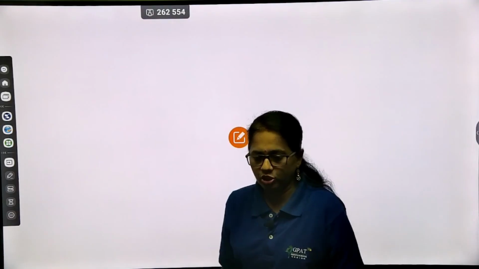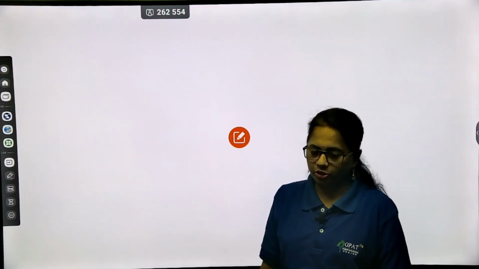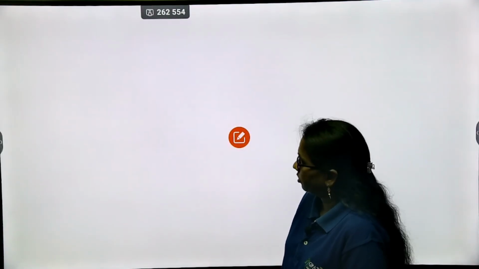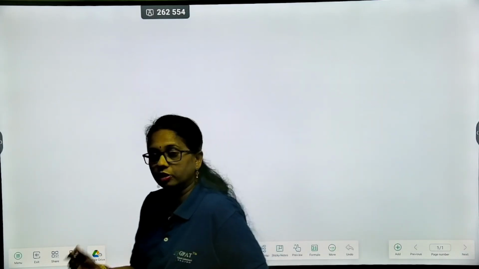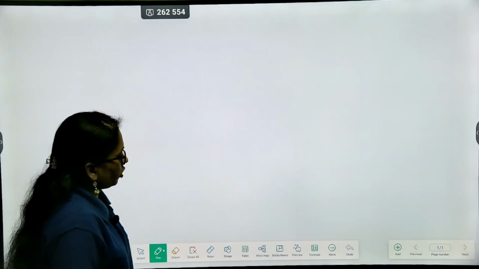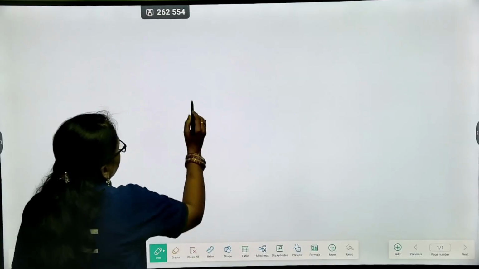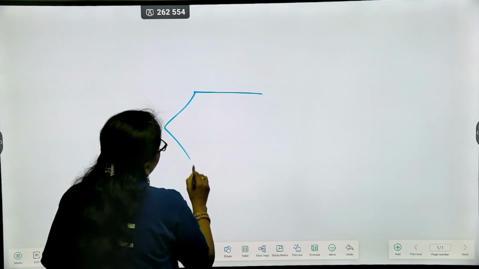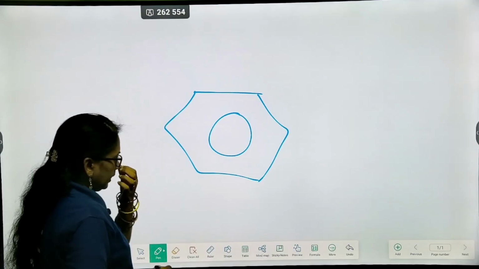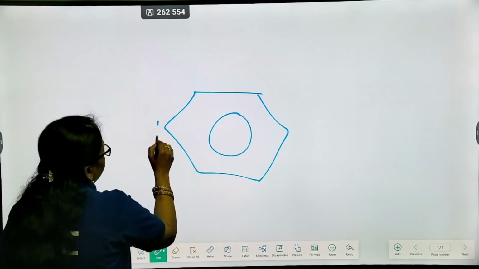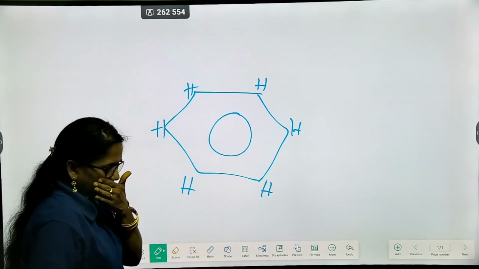So on the benzene ring, pi electrons are going to be observed. Okay, so in these pi electrons, delocalization takes place. You know that. Let us say this is the benzene ring. Okay, and we are going to see the hydrogens like this.